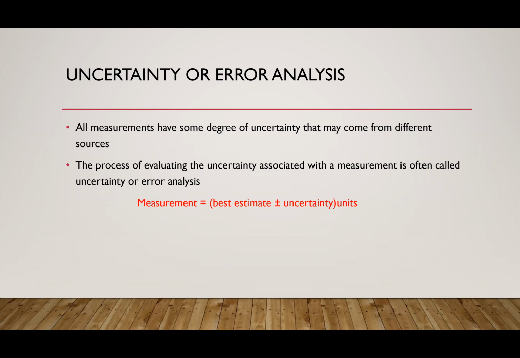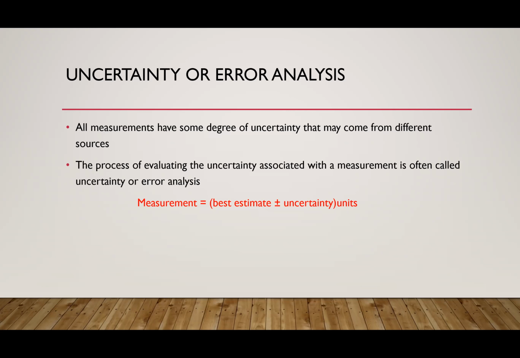Suppose the value of voltage, we say 5 volts plus minus 1, or we can say suppose 10 volts plus minus 2. Now, when we say this plus minus 1 or plus minus 2, it might be the possible error, or you can say the maximum possible error that might come into the measurement when we are performing it.